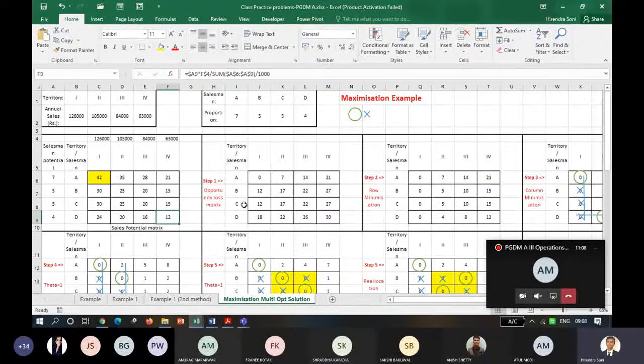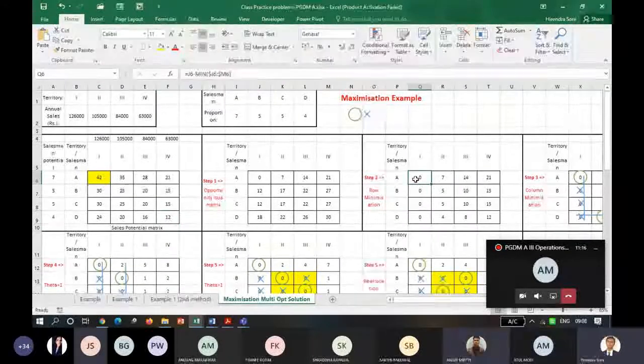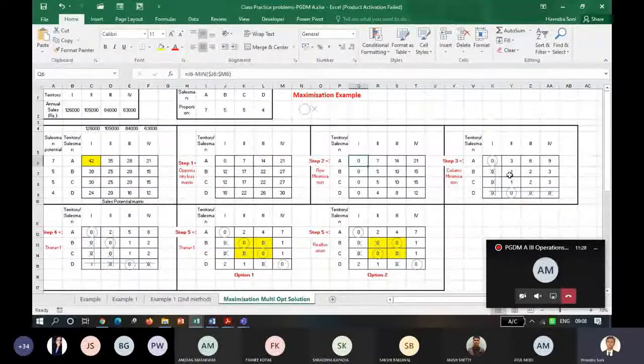Correct? Here what we have done is row minimization, then column minimization. Once you are through with it, you have already done all the row minimization and column minimization. You will start with allocation. Again, when we talk about allocation, you can start doing it either column wise or row wise.